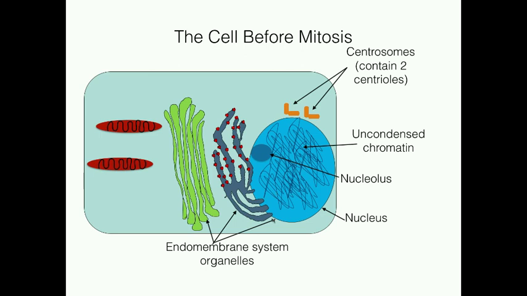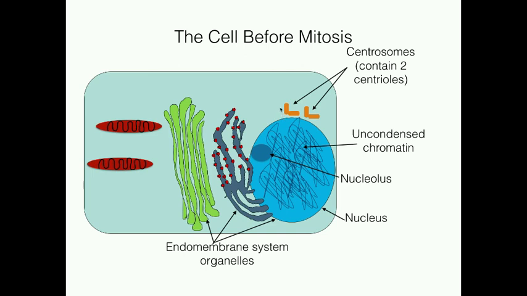We also have cellular organelles, like the endoplasmic reticulum here, the Golgi body, and mitochondria, as well as a number of other organelles. In animal cells, which is what we're concerned with, we also have two specialized structures that are called centrioles.